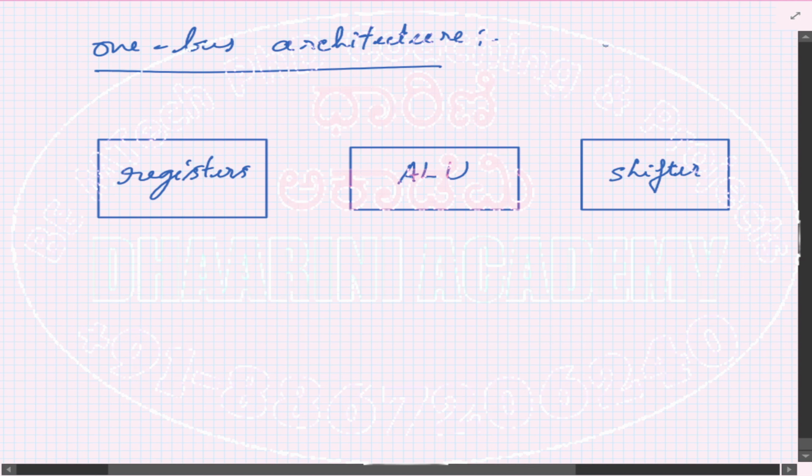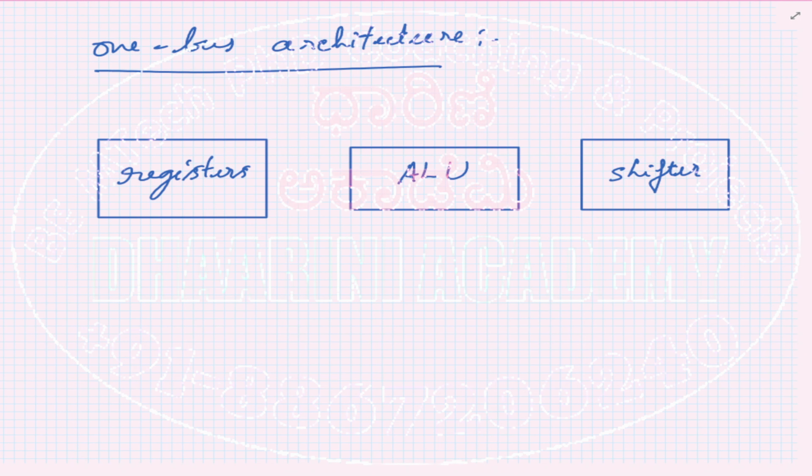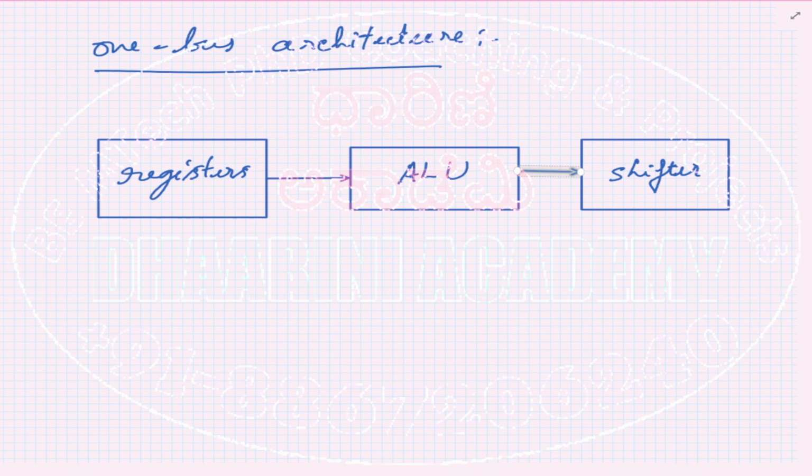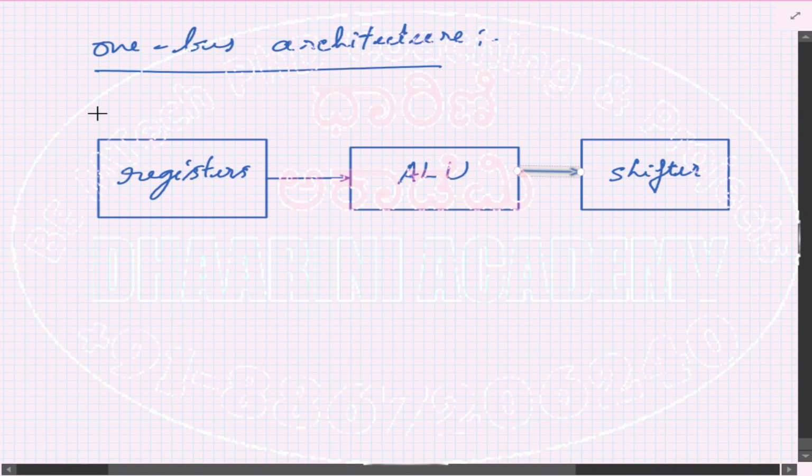For the data, I can use only one bus, a single bus. The single bus will be connecting each and every device. You can see how it is getting connected: the ALU is connected to the shifter, and the shifter is in turn connected to this.